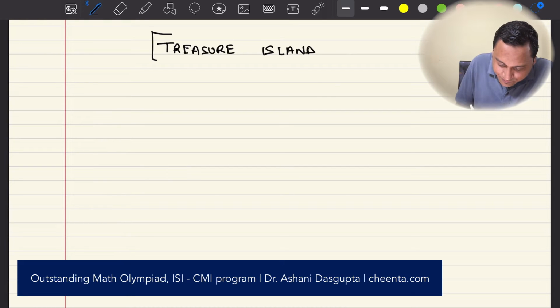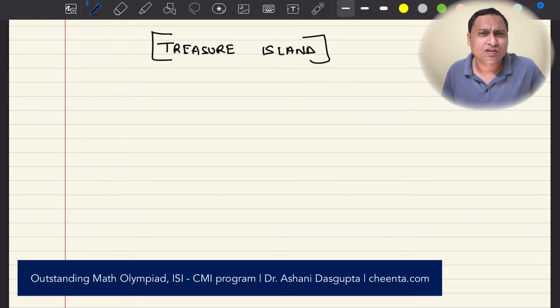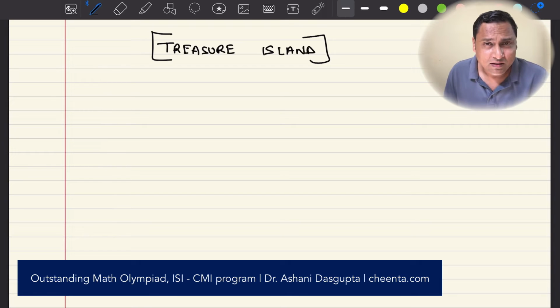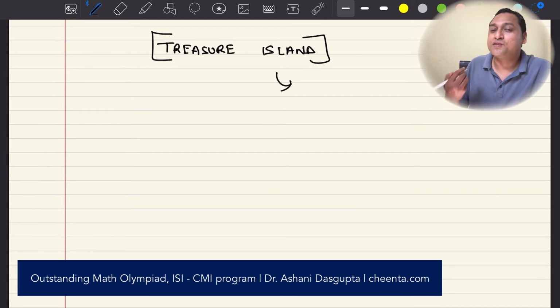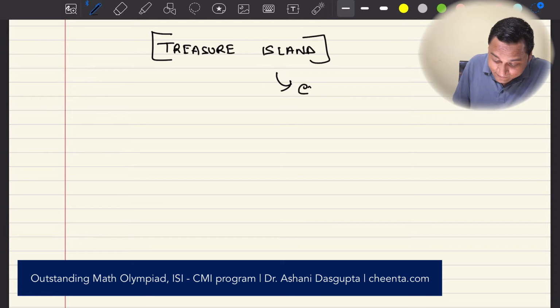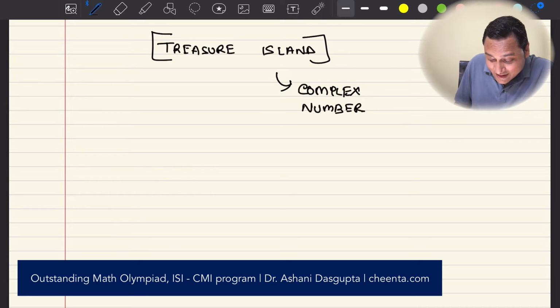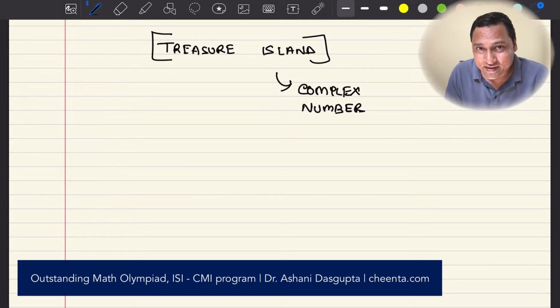So this is a beautiful application of geometric transformation, especially rotation. And if you know how to use complex numbers in geometry, then you can get an even better entertainment out of this problem.